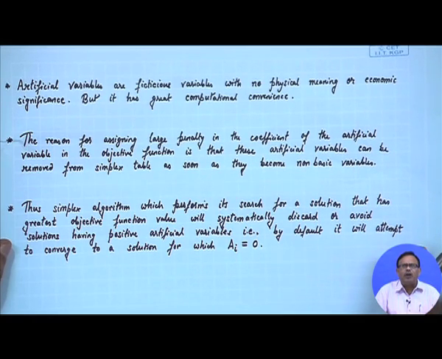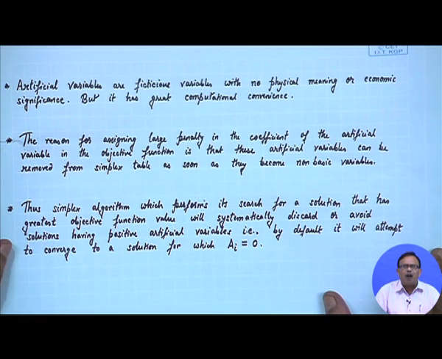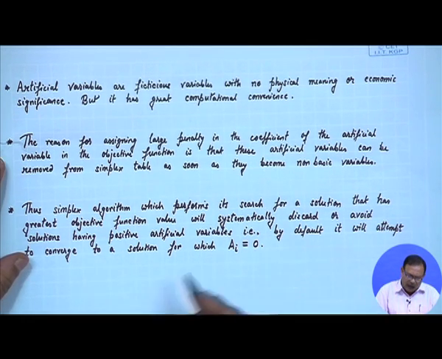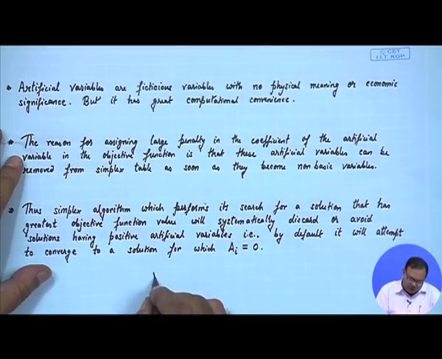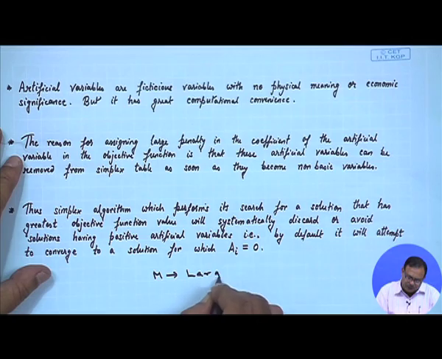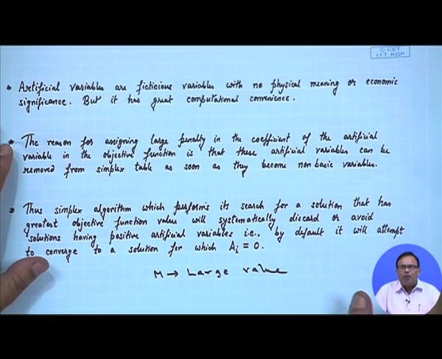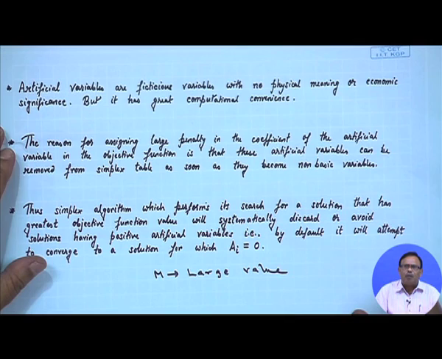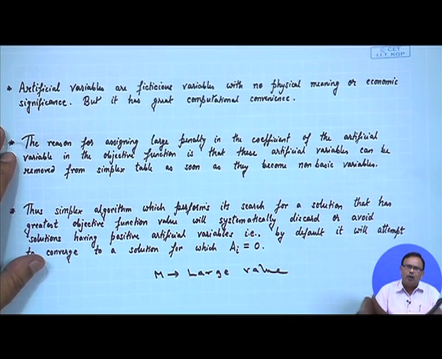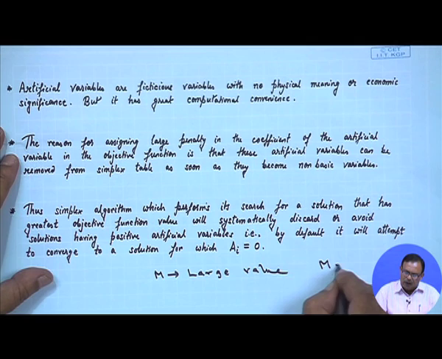Now, one point will come here: we are always saying that M will take a very large value. What does it mean, very large value? Because whenever I am subtracting something, some element may be greater than M. So, the assumption is, whenever I subtract any element, say a, from M, M will always be greater than a.